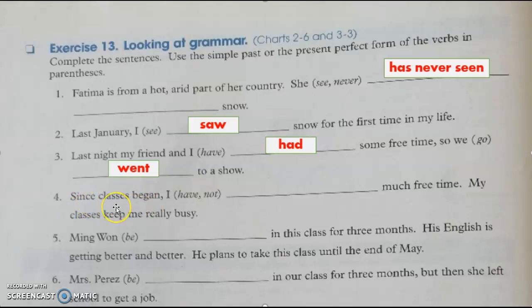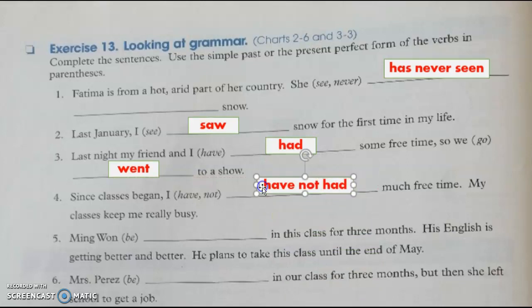Therefore, ever since it began until now, we have never had much free time. So, I have not had much free time. It's something that started in the past and continued until now. Since my classes began, I have not had, or I haven't had, much free time. My classes keep me really busy, so it's until now.